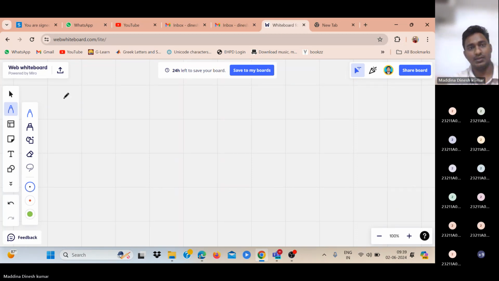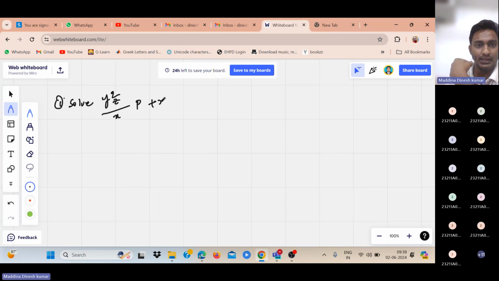Solve y square z by x into small p plus xz into small q equal to y square.